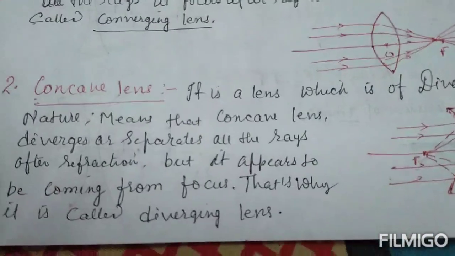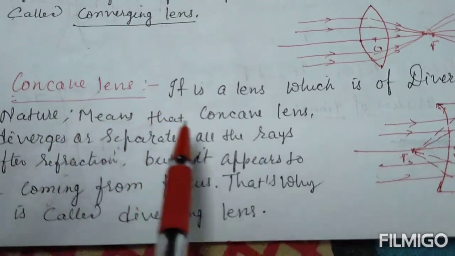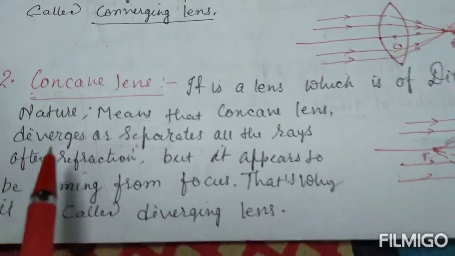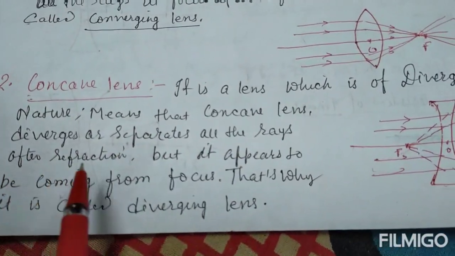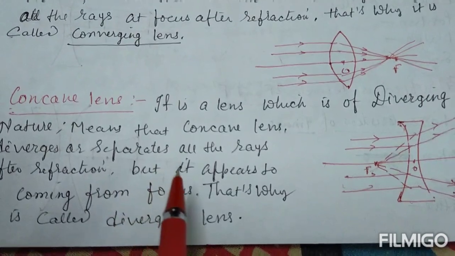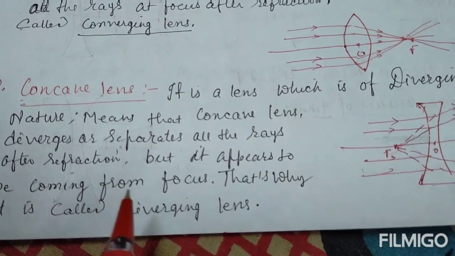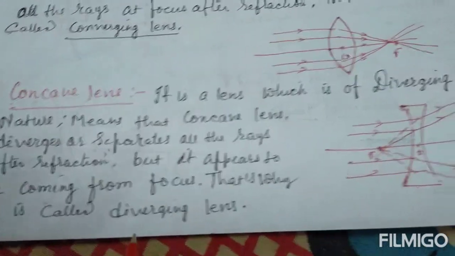But a concave lens is of diverging nature, meaning that a concave lens diverges or separates all the rays after refraction, but they appear to be coming from the focus. That's why it is called a diverging lens.